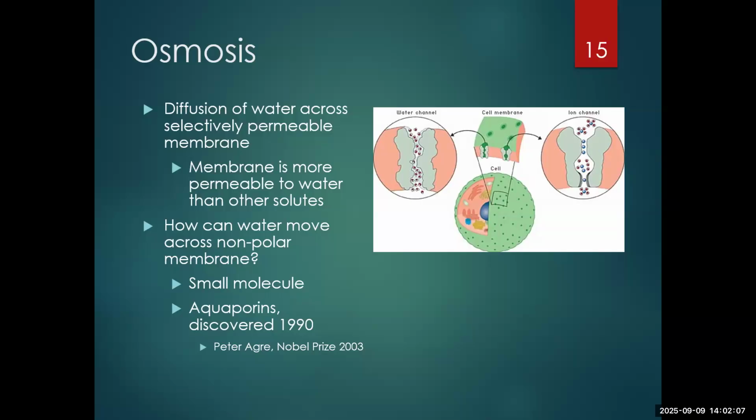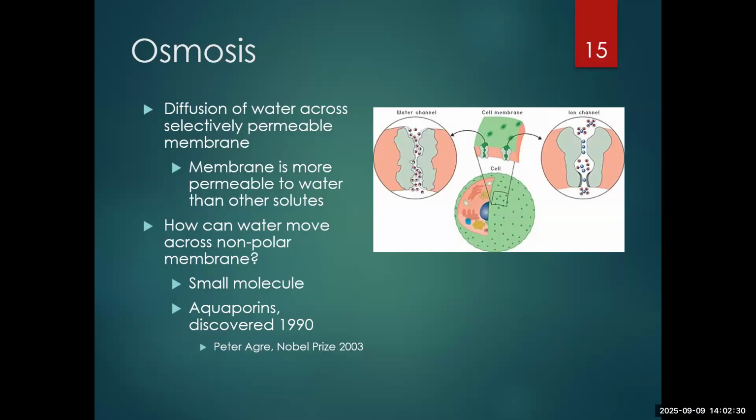Two hydrogen and one oxygen. How many atoms is that? Is that a big molecule? It's teeny, teeny, tiny. So one way it can move across is that it can slip through the phospholipid fatty tails.